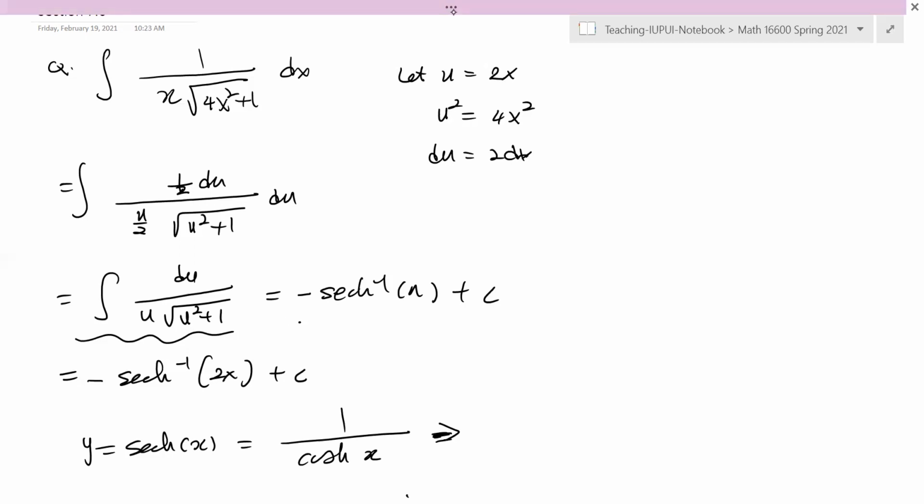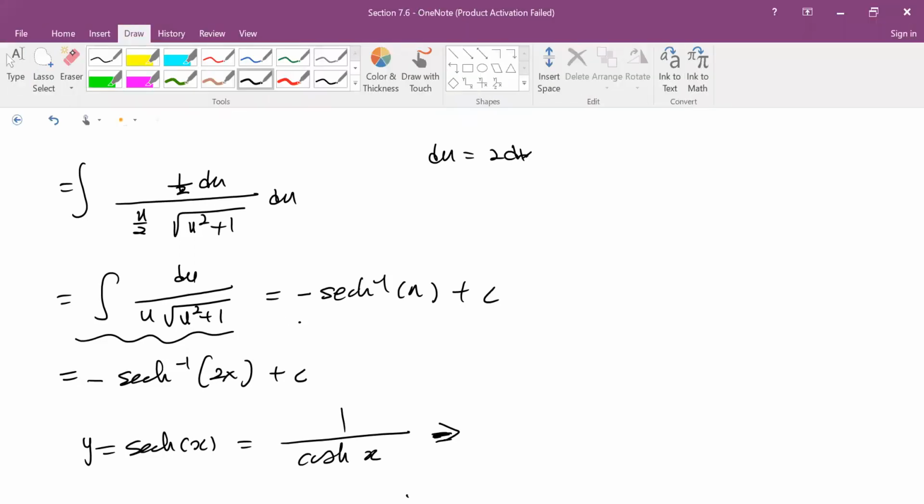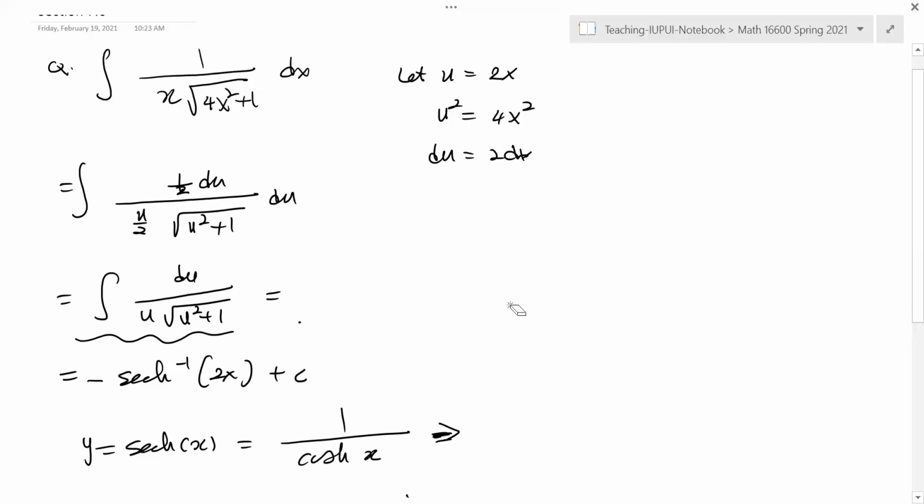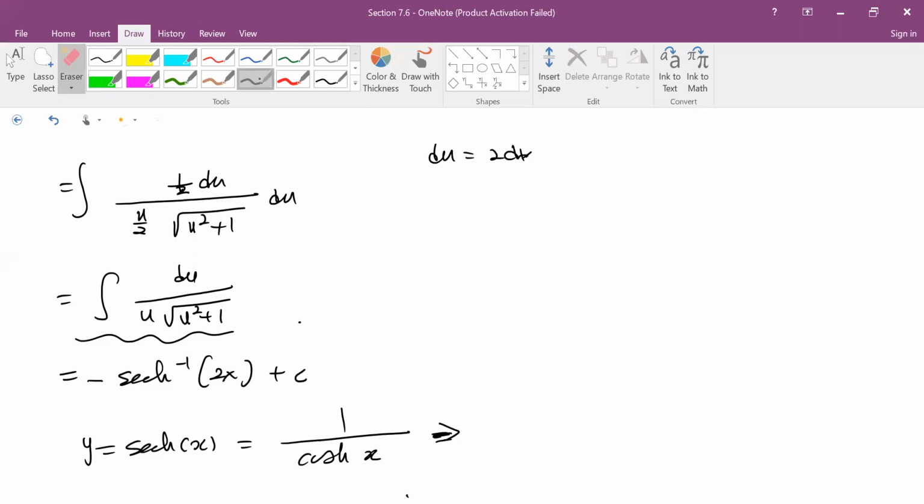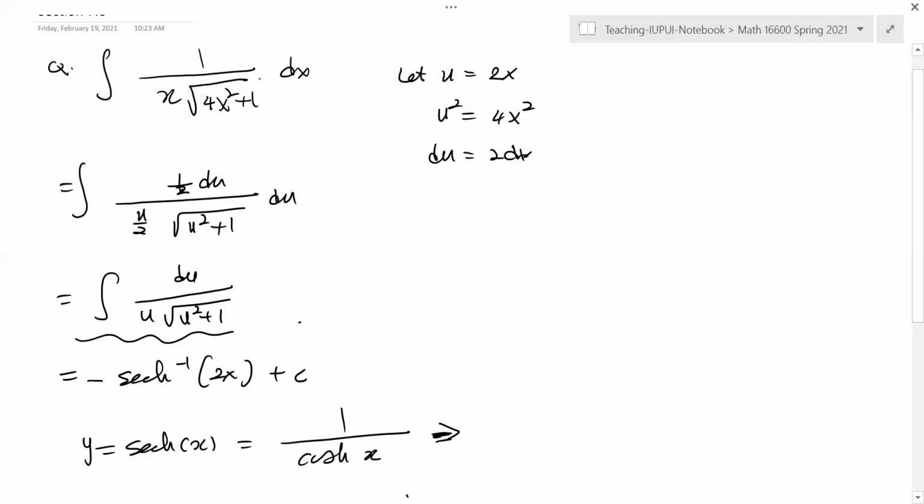And then you search for this very special function. Then you search for a formula, and there is a formula here on page 488. Okay, and assume u is positive.